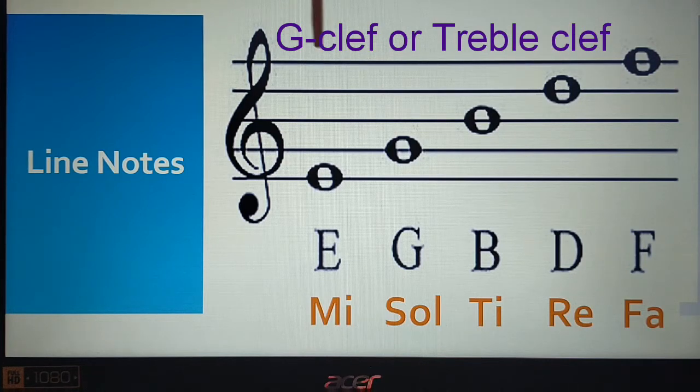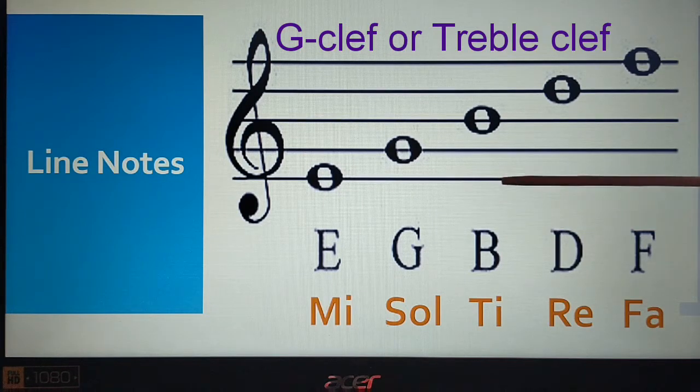When you see a note on the first line, that is E or mi. When we see a note on the second line, we call it G or sol.